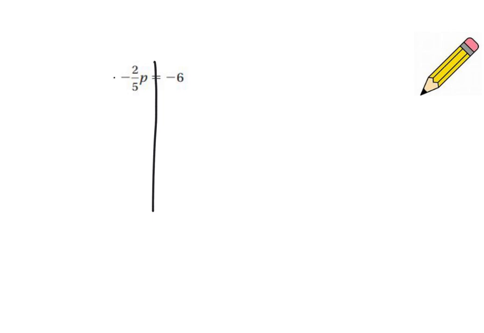In this example, we'll multiply by the reciprocal, which is negative 5 over 2. The 5 and the 5 cancel, the 2 and the 2 cancel, and a negative times a negative is a positive. So we're left with p. We also need to multiply the other side to keep our equation balanced. So let's multiply this side by negative 5 over 2.